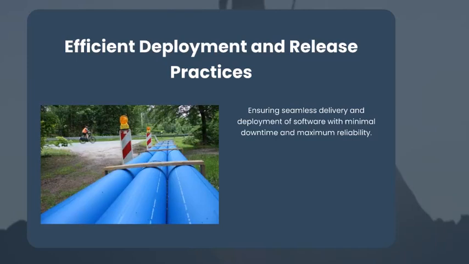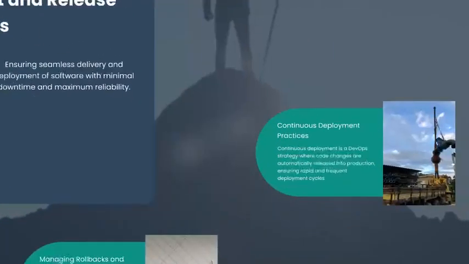Efficient deployment and release practice. You have to define what the deployment is and when you want a release practice, because what people prefer is automated deployment for dev and staging, but for production they want the release to go through an approval, and only after approval from authorized people should it go into production.